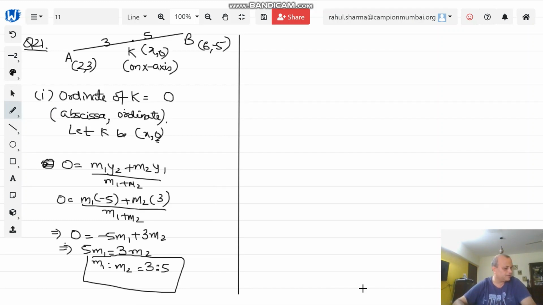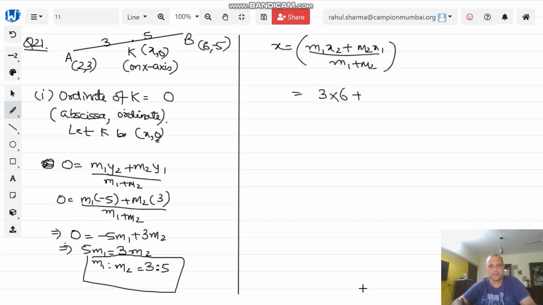Next, also find the coordinates of the point K. Now that we know the ratio, let's substitute. X will be equal to (m1 x2 plus m2 x1) upon (m1 plus m2). So this will be m1, in this case 3, multiplied with x2, which is 6, plus m2, which is 5, multiplied with x1, which is 2, upon 3 plus 5.